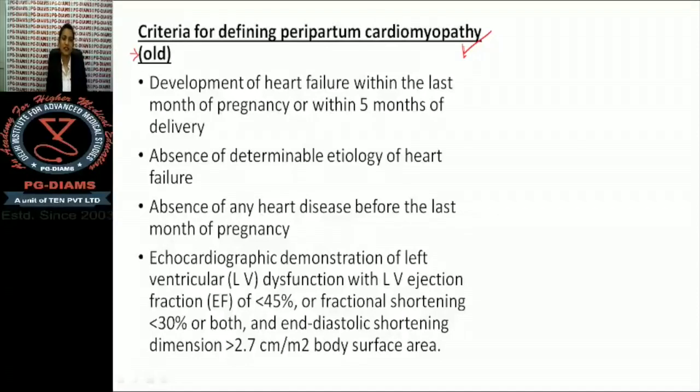The definition is development of heart failure within the last month of pregnancy, 1 month before delivery, or 5 months after delivery. This is the periodic criteria. Absence of determinable etiology of heart failure. There is no other cause. She was not suffering from any other viral myopathy or cardiomyopathy, or from pre-eclampsia induced heart failure.